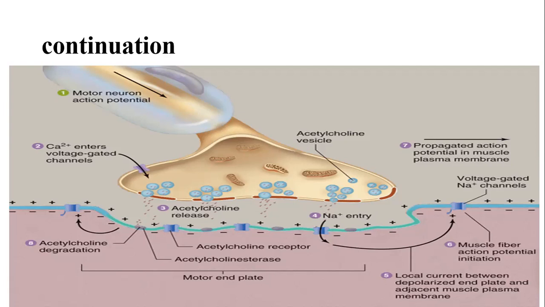And an action potential involves depolarization and repolarization. Depolarization has to do with the opening of the sodium voltage-gated channels. When they open, they allow the influx, so sodium comes from the outside and goes inside the cell.